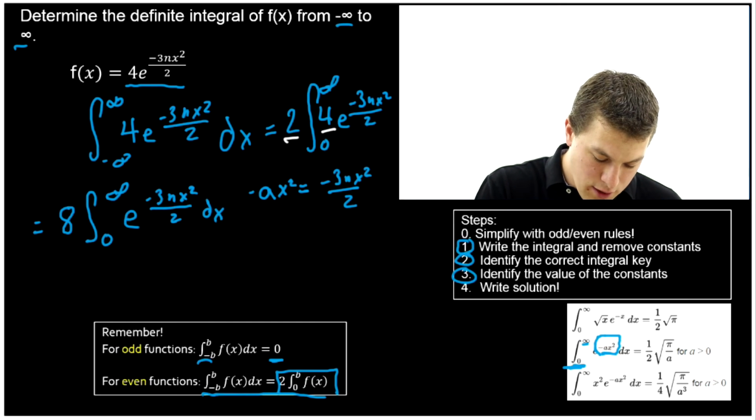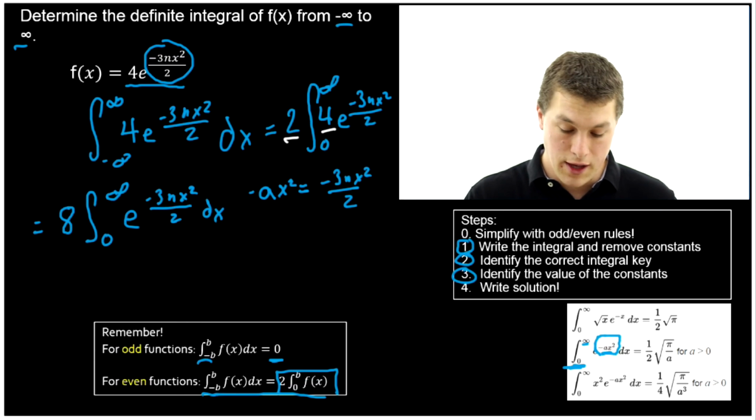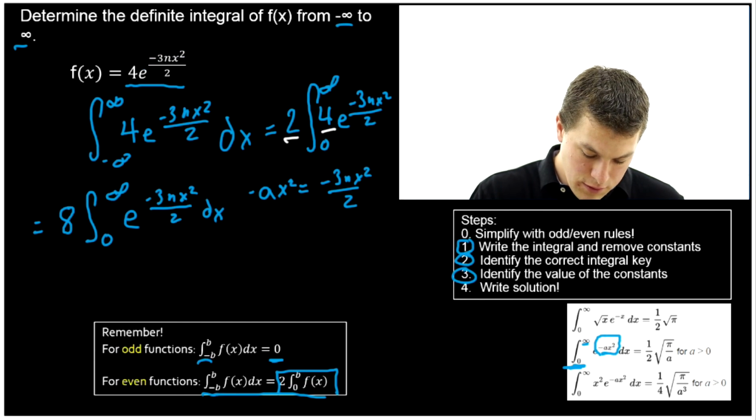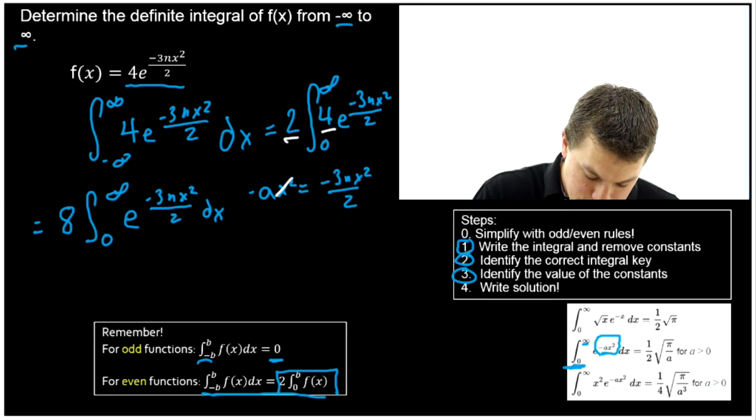Notice that I've taken the argument in our exponential and just set it equal to the argument in the integral key's exponential. So what does that tell us? That tells us, well, our x squareds are going to drop out, and so is our negative 1. And so that tells us that our a then is equal to 3n over 2.